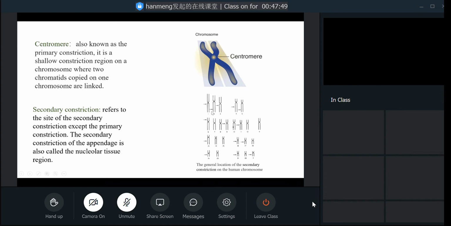And this picture shows the general location of the secondary constriction on the human chromosomes. So you can see in the 1, 9, and 16 chromosomes, there is a secondary constriction near the centromere, and other chromosomes also have some other secondary constrictions.